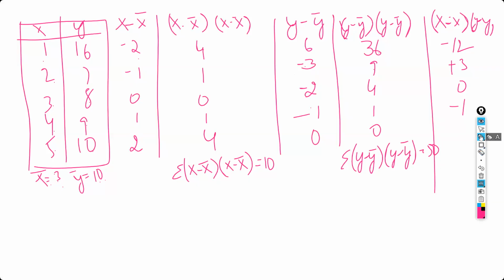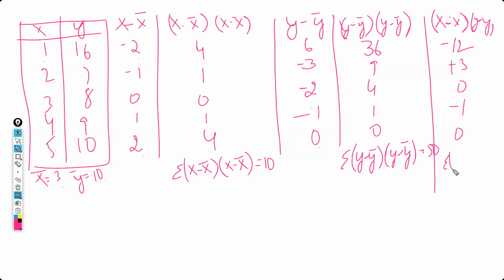Okay. Next, 2 into 0, 0. Right? Now, what is the total of this one? That is sigma of x minus x bar into y minus y bar. What is the total? Minus 12 plus 3 is minus 9, minus 10. Total is minus 10.